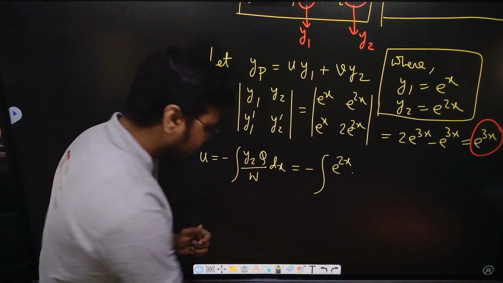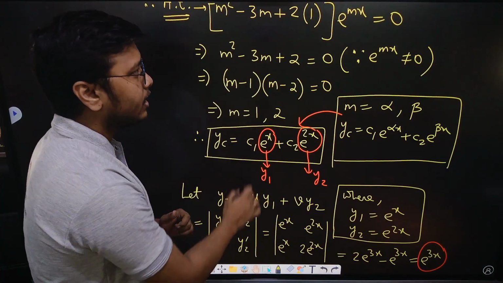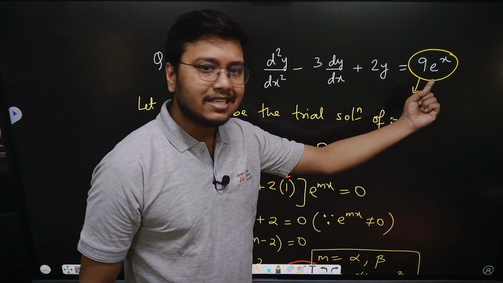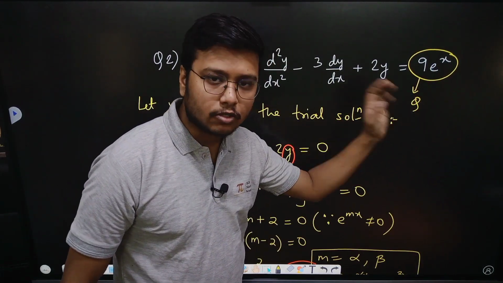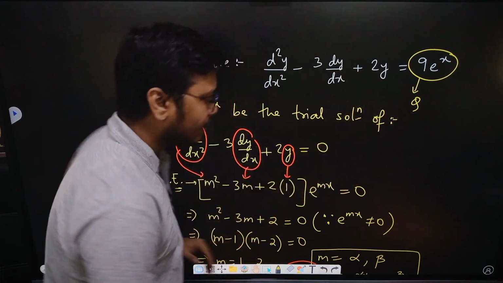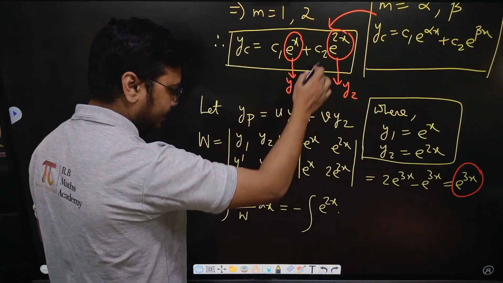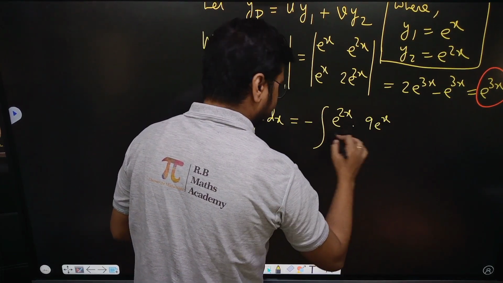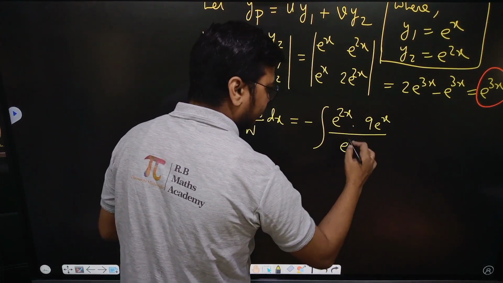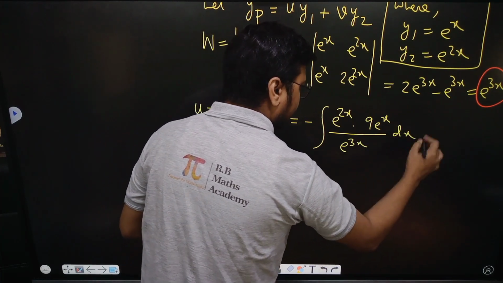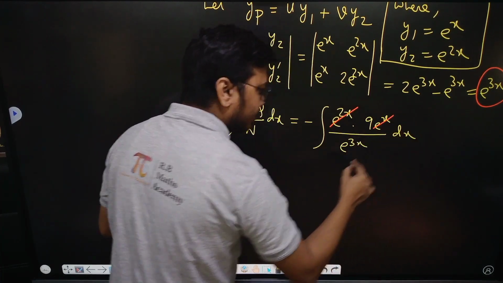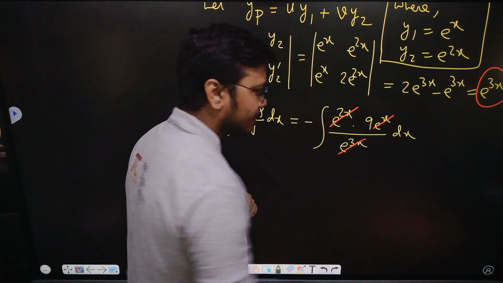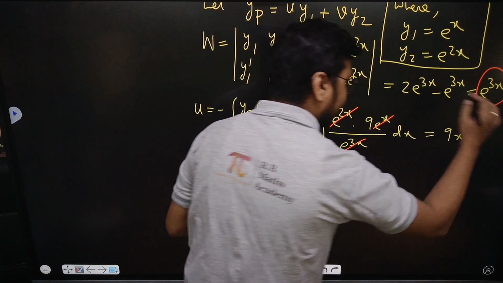My q value is the right hand side of the equation, which was 9 times e to the power x. So 9 e to the power x by the Wronskian value e to the power 3x dx. You can see all the exponential part is going to get cancelled. What remains is 9 dx, so that's going to be simply 9x.